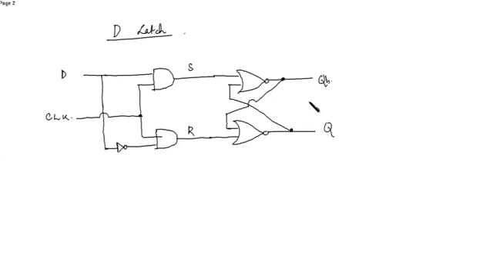Now we'll see the schematic diagram of a CMOS D-latch using the transmission gates.